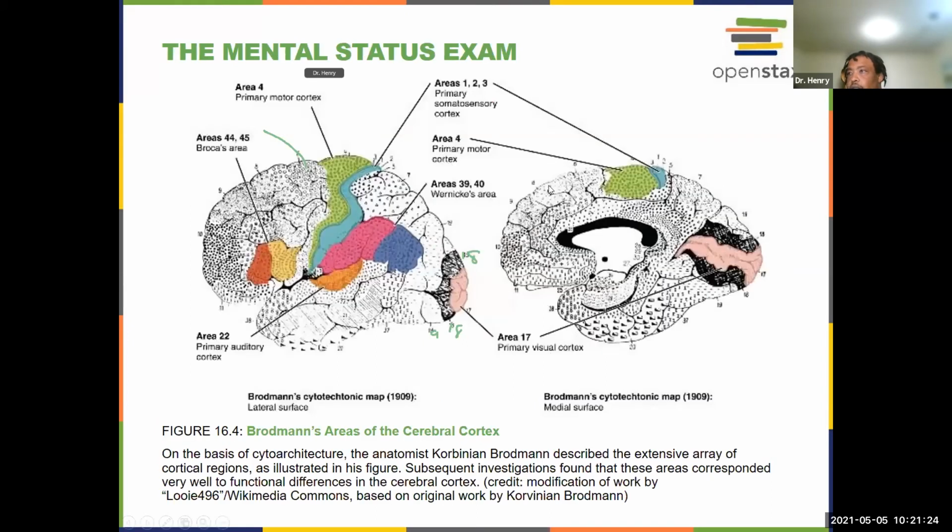If we go back, we have 1, 2, 3, and 4. So aspects of memory are going to be located within these regions, but memory storage is going to be located adjacent to that, in the region adjacent to that 1, 3, and 4 primary region.